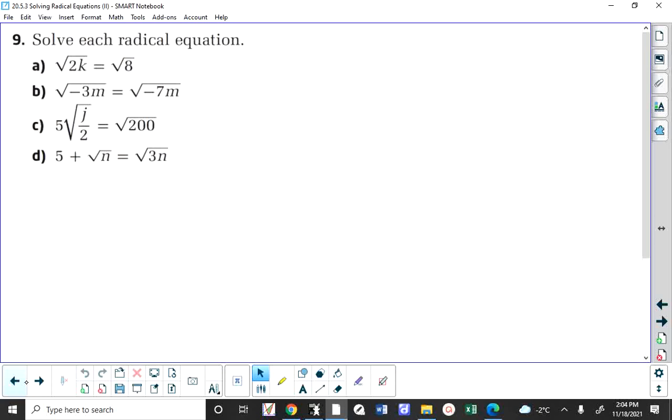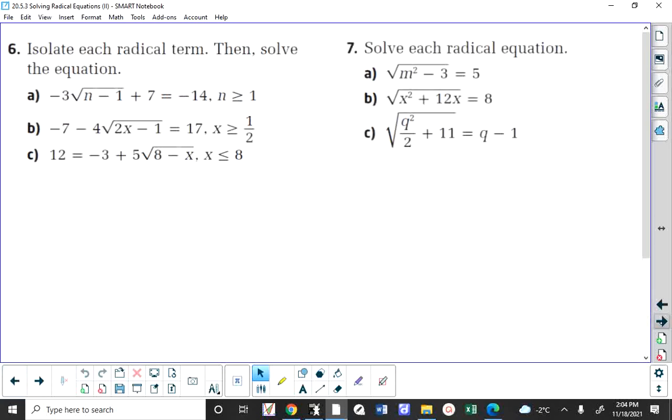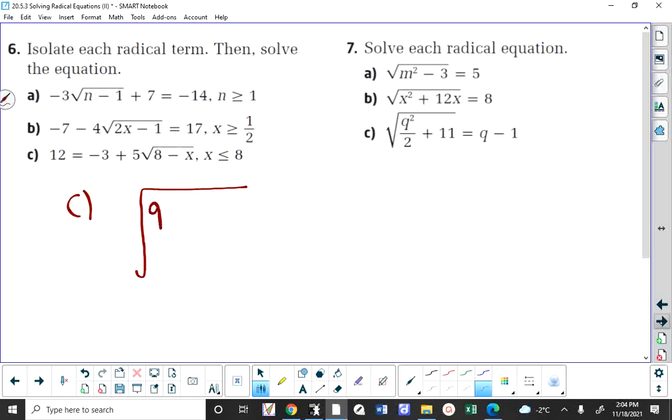7C. All right, so for 7C, we have the square root of q squared over 2 plus 11 is equal to q minus 1.